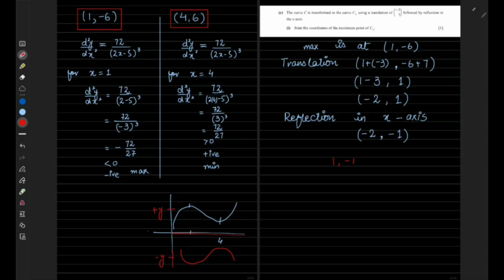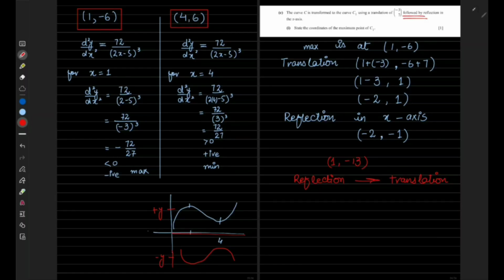Yeah, 1 comma -13. And that is only possible when first reflection happens and then translation. Okay, here in the transformation, the order matters a lot. But the problem is, you must understand the sentence.